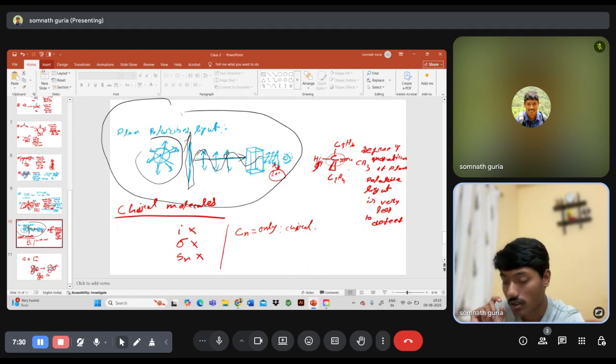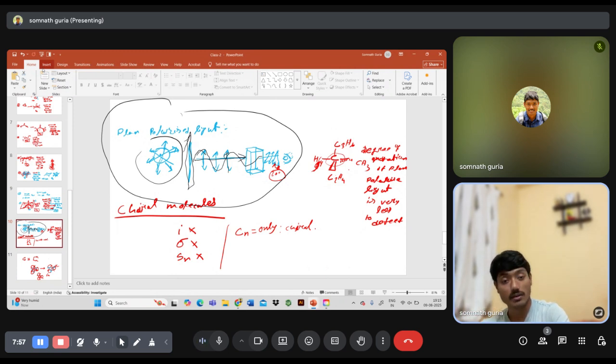Another more interesting thing is that a chiral molecule doesn't hold any symmetry elements except Cn. Chiral molecules can hold the Cn. It doesn't have any other symmetry element other than the Cn.